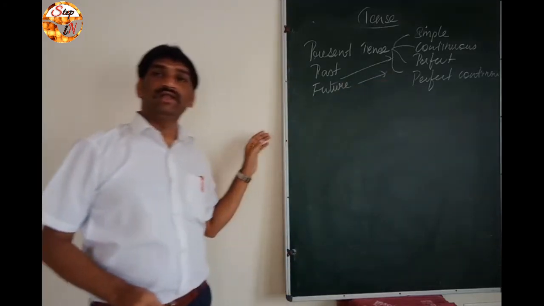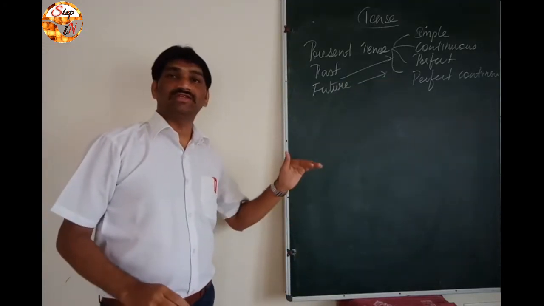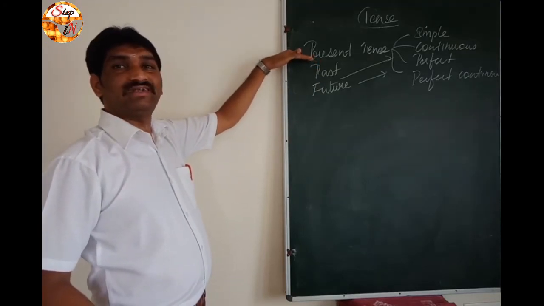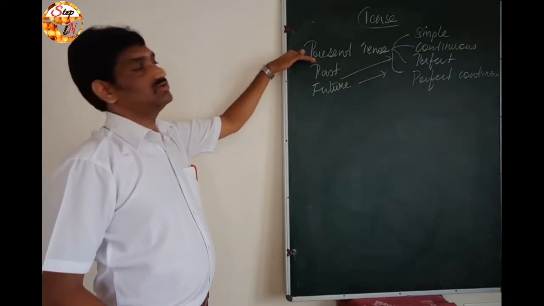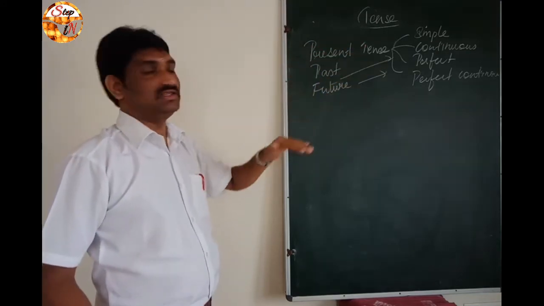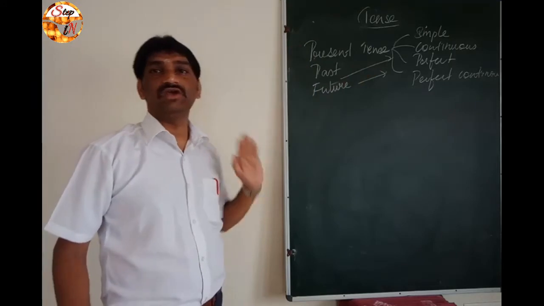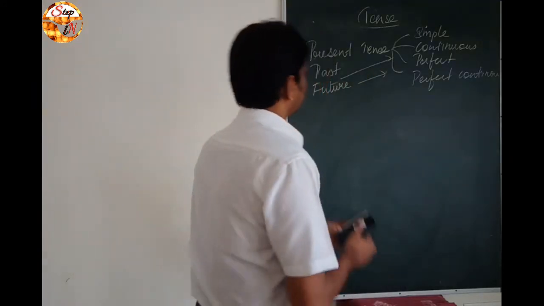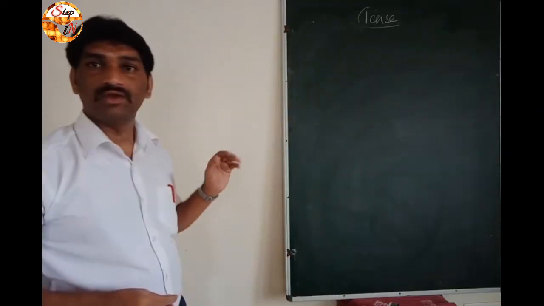Whenever we learn anything, let it be in a systematic way. So we can go from the first tense, present. In the present we will see all these things, in the past again we have to see all the things, and in the future also we have to see all the aspects. Got it? So now we will see the structures of these.